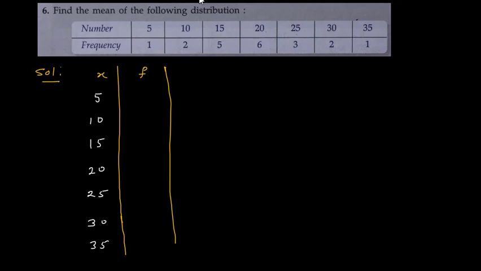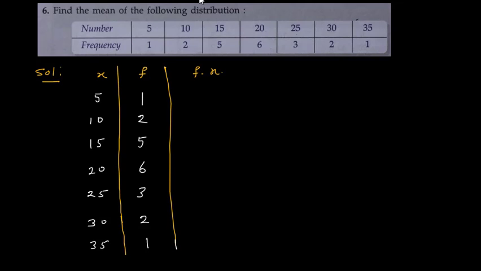Okay, so second column is for frequency and third column is for frequency into X. In the second column the frequencies given are 1, 2, 5, 6, 3, 2 and 1.